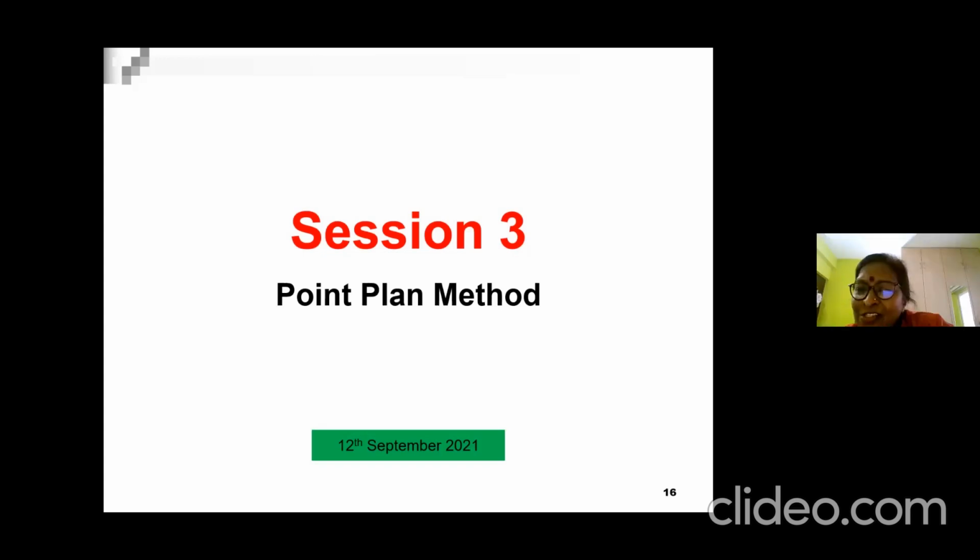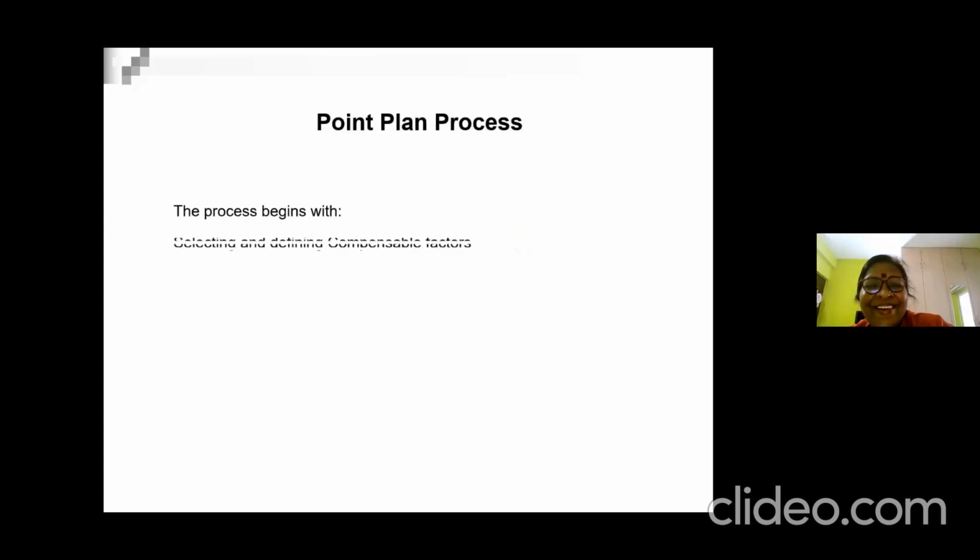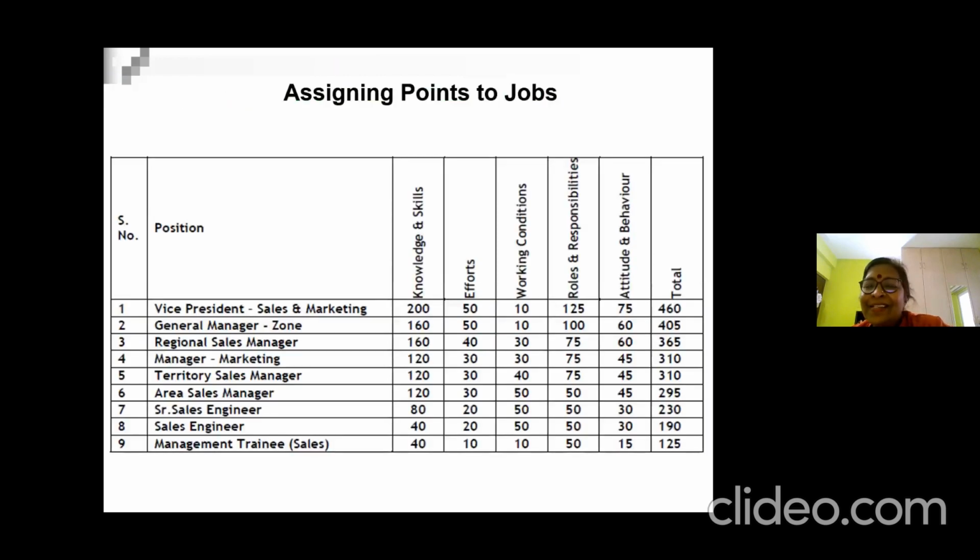To give you just a quick idea, this is how, can you see, when I say point plan, because you haven't heard of it, when you do a point plan method through job evaluation, it will look like this, saying that Vice President Sales and Marketing, can you see a number called 460 points? Right. Okay. And then when I say management trainee, can you see 125 here?